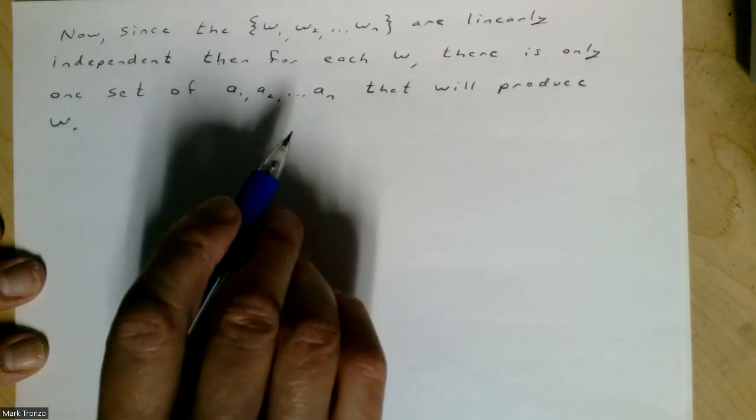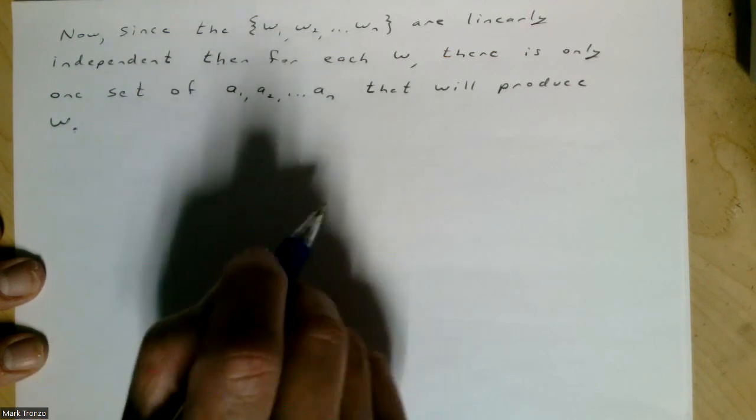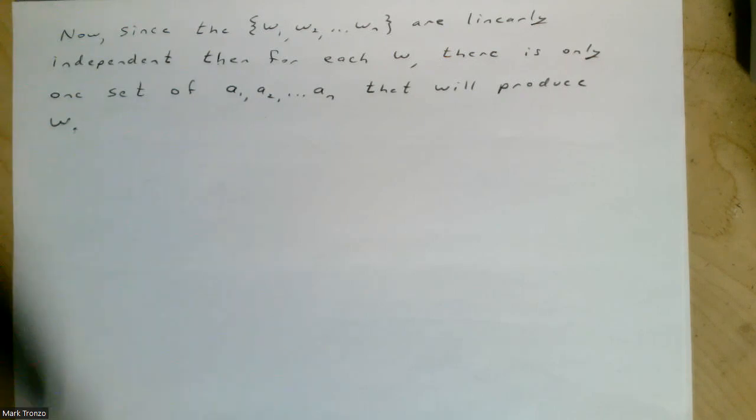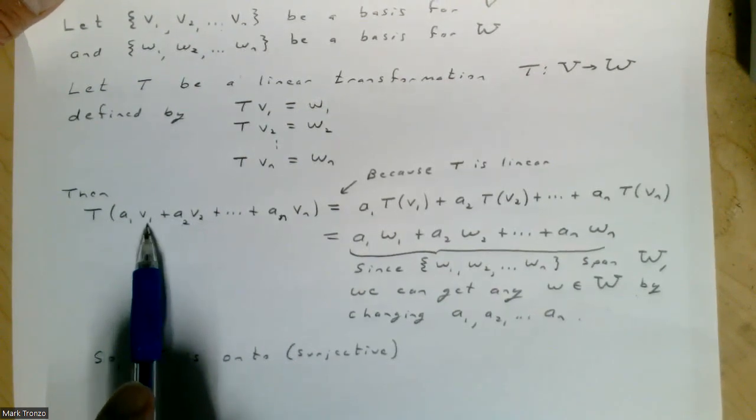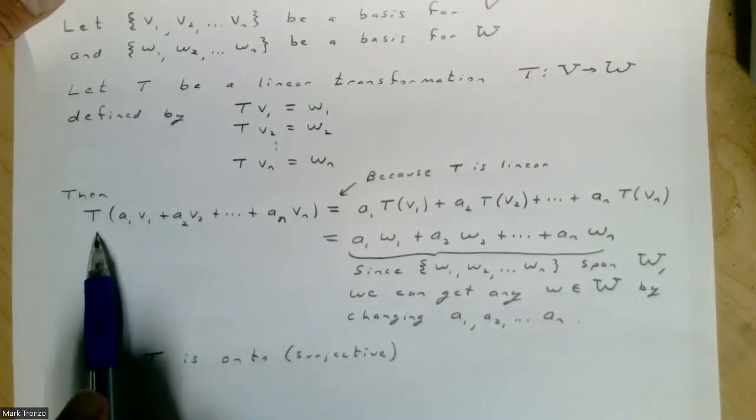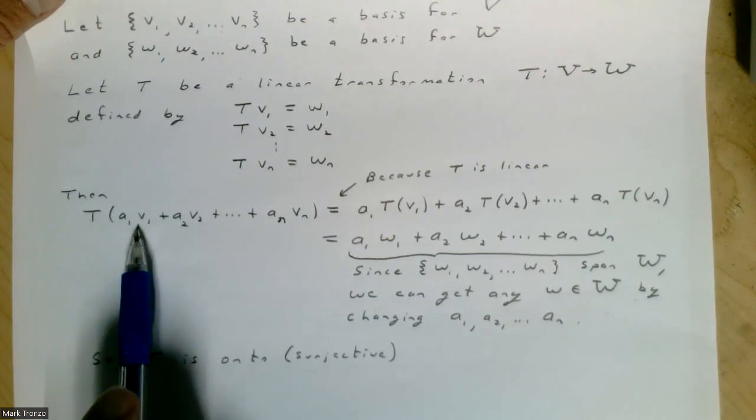So then that means the same thing, since you're putting your T values in using the same A's, to put your A1 V1, A2 V2 in the T. And so there's only one way of doing that.